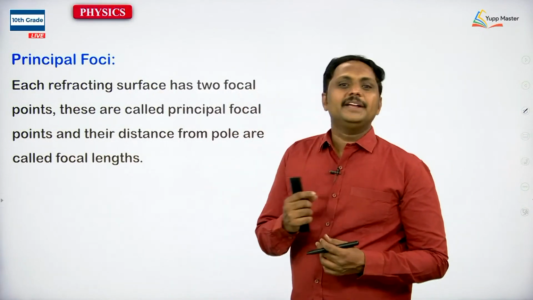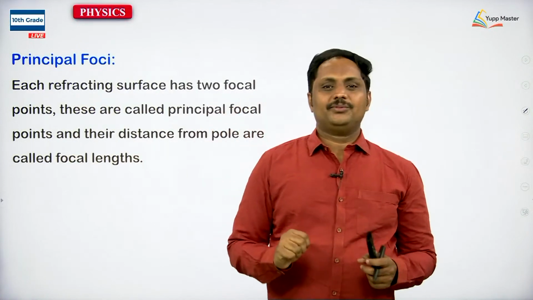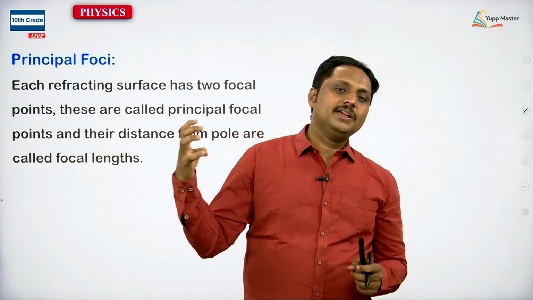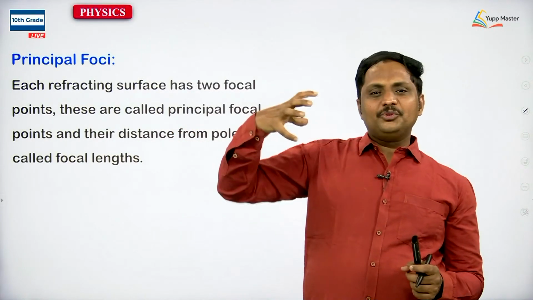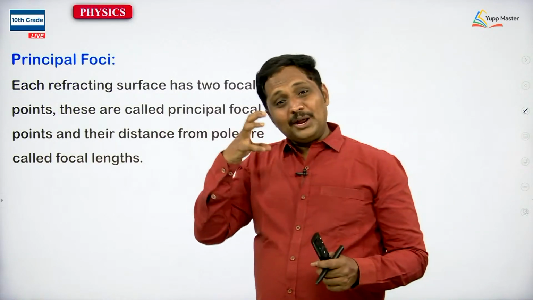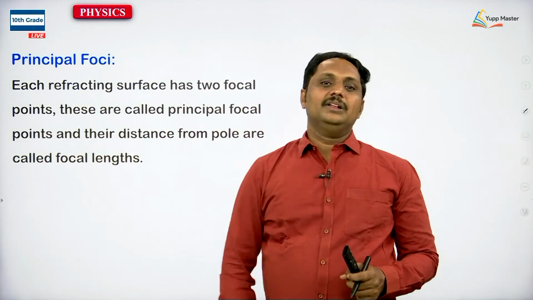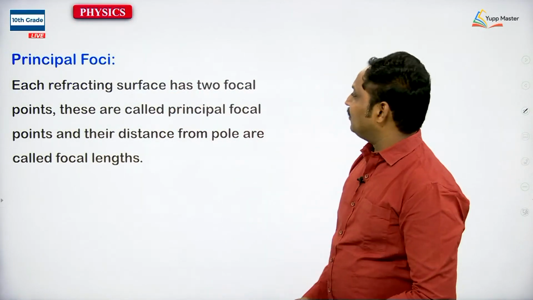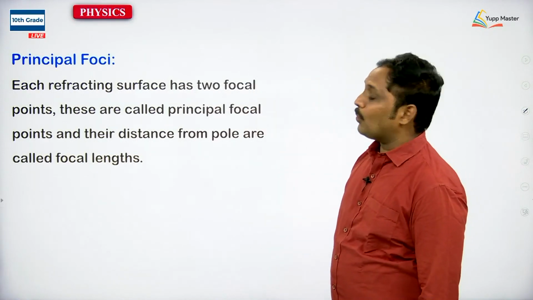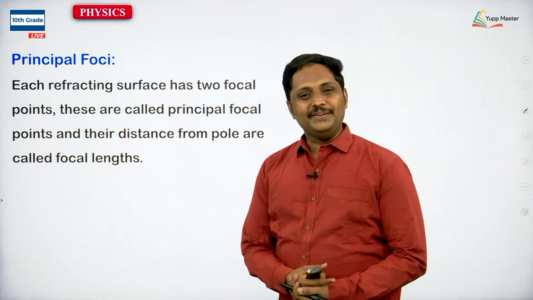The plane of incident light rays are going to be refracted and after the refraction they will meet at one point. They are about to converge or diverge, that depends on the nature of the curved surface. Each refracting surface has two focal points. These are all called principal focal points.